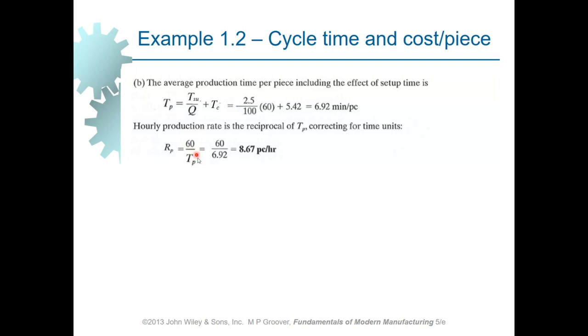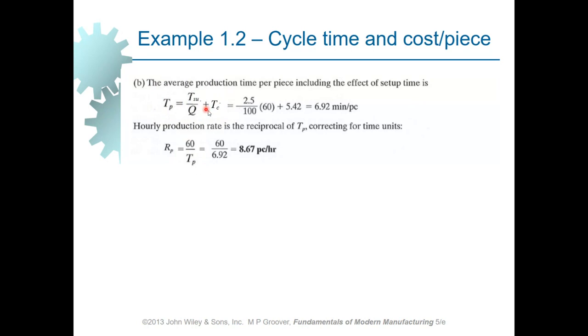TP is the production time, that is the time that is needed to process one part, including setup time. We don't have it. So we take the equation for TP out from the equation sheet. I explained it. We take it out. We insert the value of the total setup time that was given, equal to 2.5 hours, divided by the value Q, that is the batch size, and that is 100.